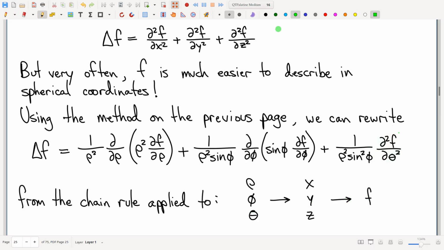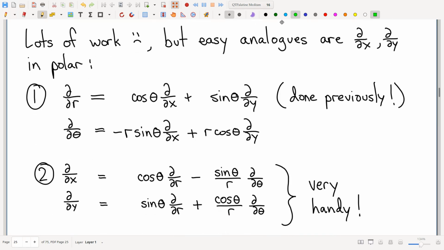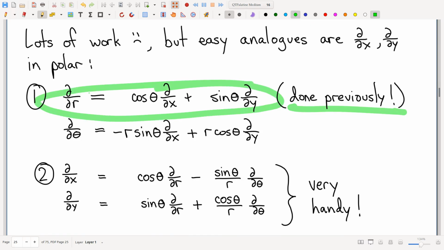Just as an analogy, again, I don't want to write down all the algebra. The algebra gets way too ugly, but let's look at a polar analog. Same thing, same idea, but in polar coordinates. We've already written down how to write partials, an r partial in rectangular coordinates. So doing the composition, how do I take a partial with respect to r? Well, that's this formula right here.